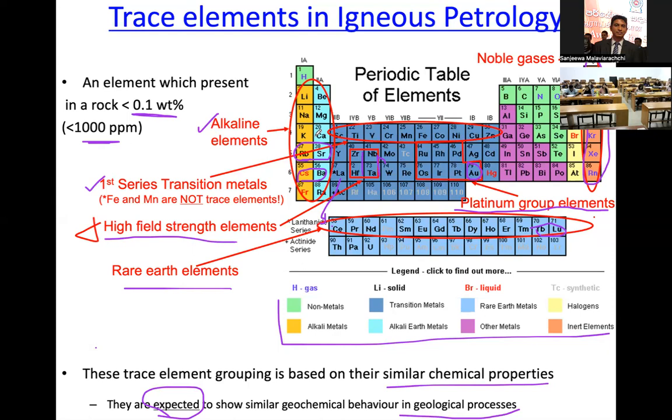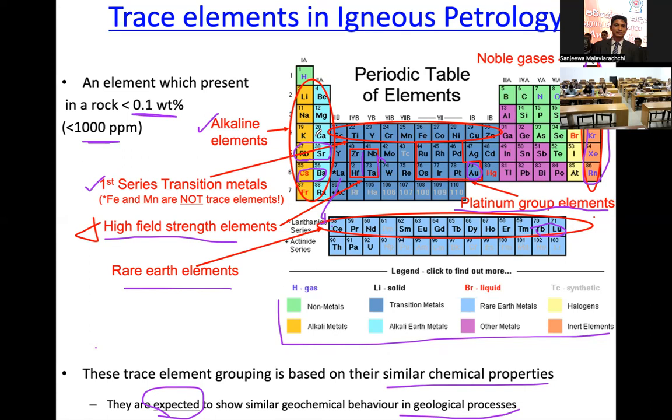It's not just whether they are lying close to each other in the periodic table. Do you remember? I mentioned that elements which are lying close to each other in the periodic table will behave similarly, right? That is actually because of their size and charge.